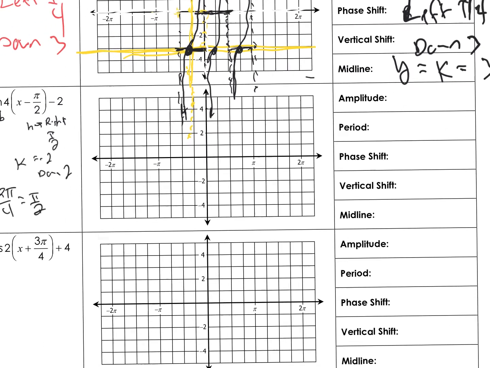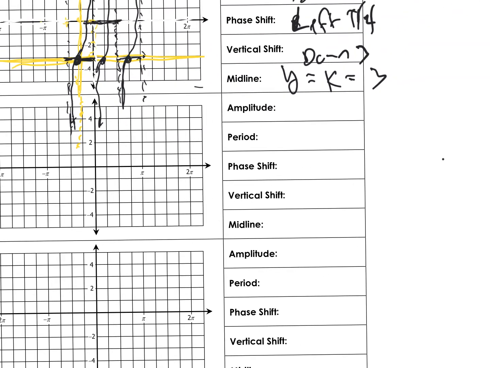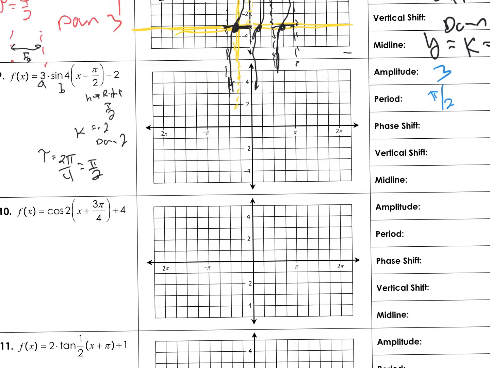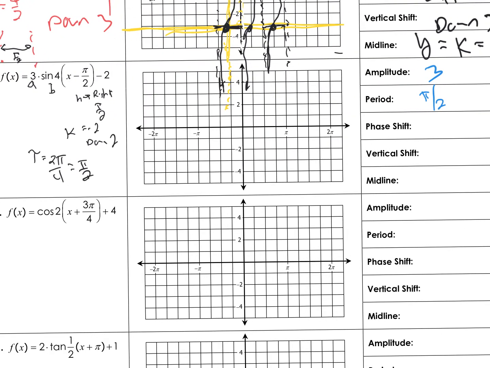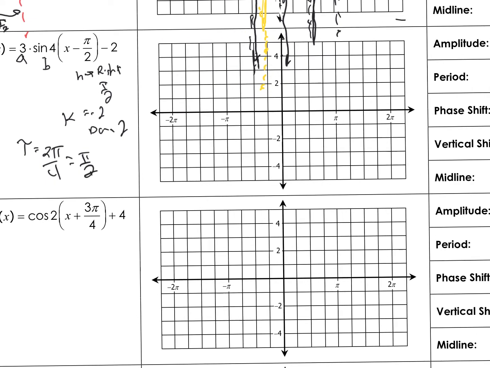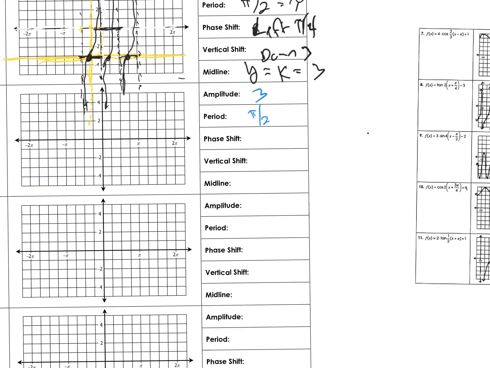Amplitude was a 3, which just means it's going to be skinny. Period was pi over 2, if I did the math right. My horizontal phase shift said I'm going to the right. Did I say right? Yes, pi over 2. Right, pi over 2.